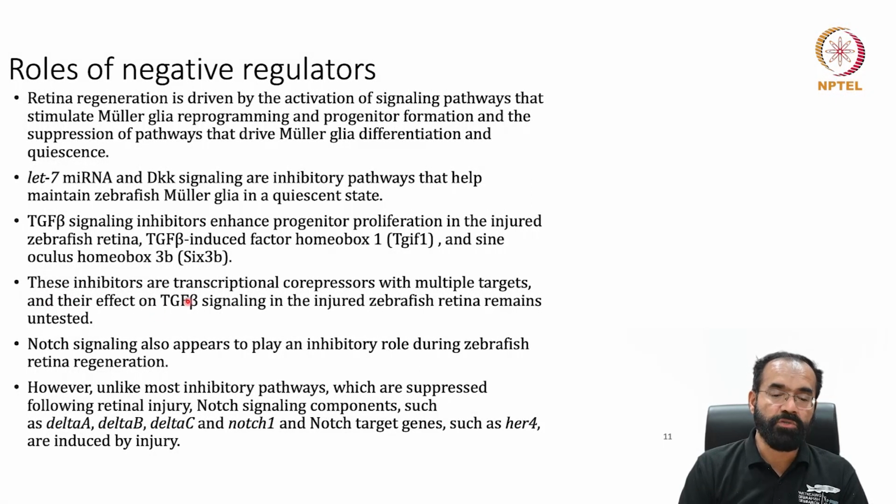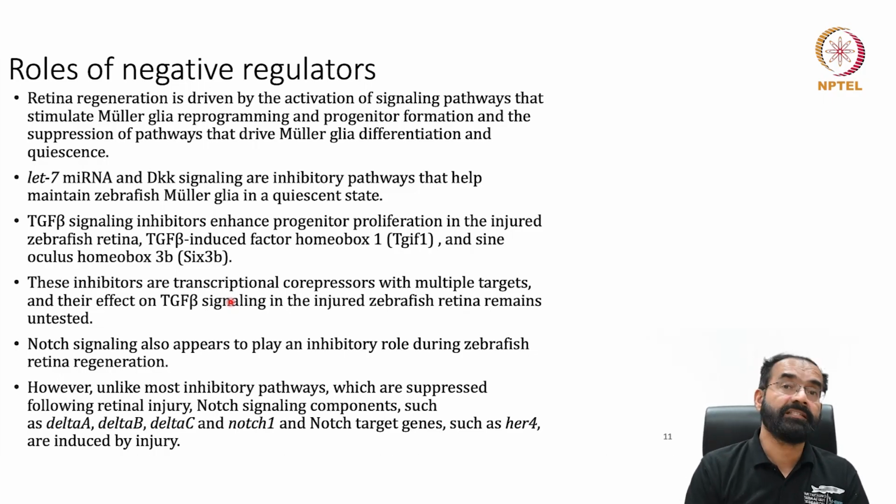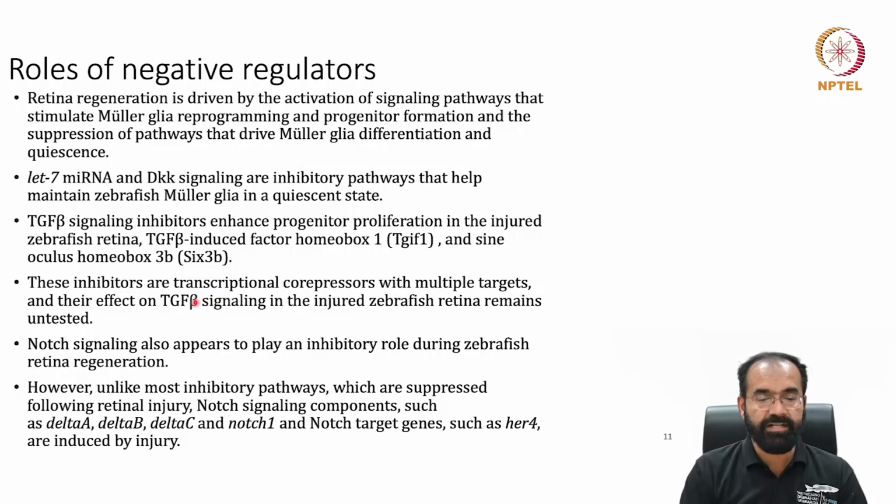These inhibitory molecules are transcriptional co-repressors with multiple targets, and their effect on the TGF-beta signaling in the injured zebrafish retina remains under exploration, because like I told you, TGF-beta 1 acts in a pro-proliferative manner in the early phases, whereas the same TGF-beta 1 acts as anti-proliferative in the late phases, whereas TGF-beta 3 acts like an anti-proliferative molecule throughout the retina regeneration. So these are all some nuances one has to test.